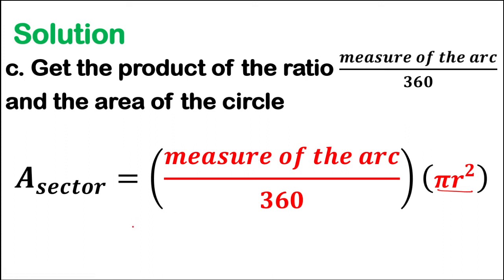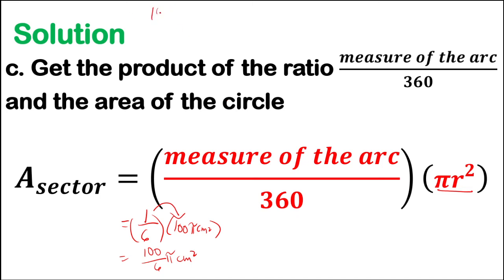Now we know that the measure of the arc is 60 over 360, or 1/6, times the area of the circle, which is 100 pi centimeters squared. And 1 times 100 is 100, so we have 100 over 6 pi centimeters squared.